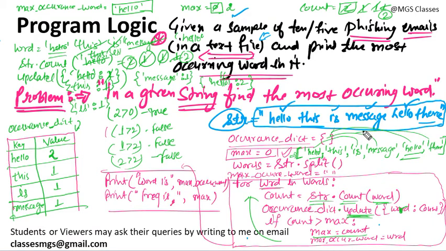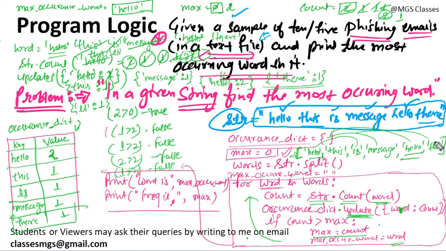Next time there will come, and in that case the count of there will be 1 only, so count will become 1 again. Is 1 greater than 2? Condition is false, nothing will happen, and before that the dictionary will be updated with there colon 1, and this is a new value that isn't found in the dictionary, so there will be inserted here, and the frequency will be 1.